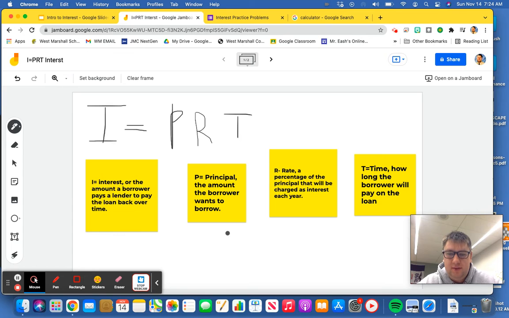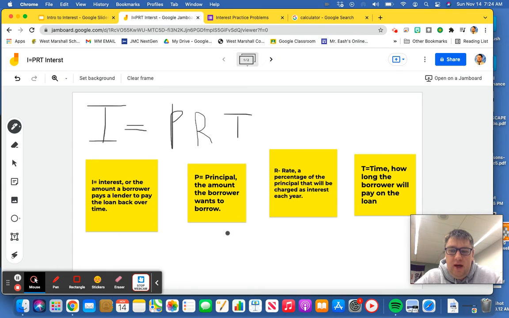The rate, okay? This is a percentage that you agree to pay back that will be charged in interest each year. Okay, so that might be, it could be usually a small single-digit percentage, but depending on how much you borrow, it could be up into the 20-25% range. So you really want to pay those loans back faster. But it's just a percentage of the principal that you will pay back each year on top of paying off the principal.